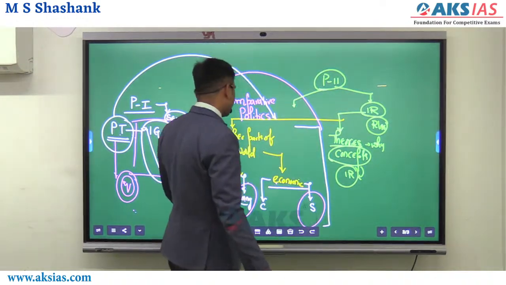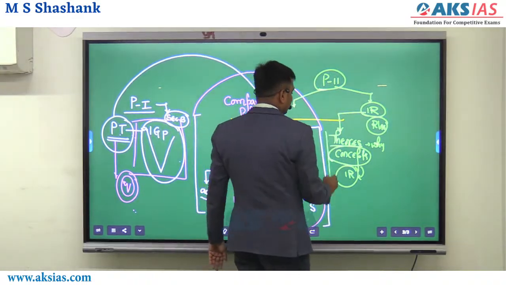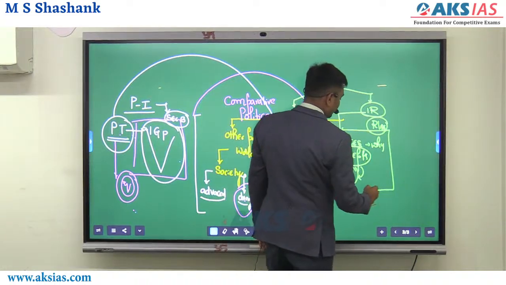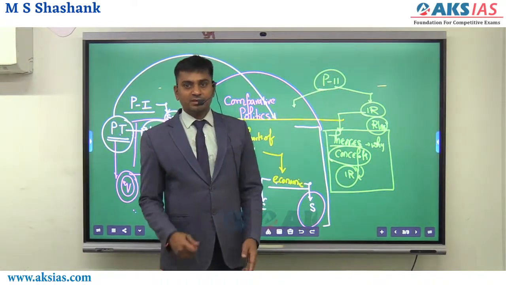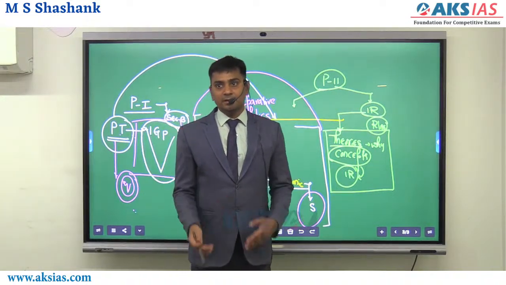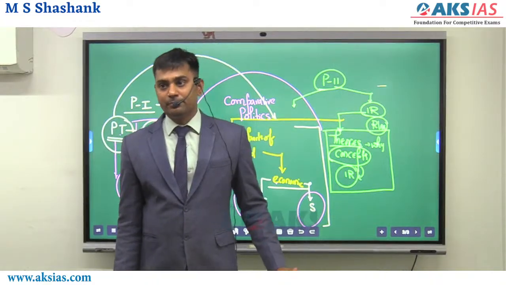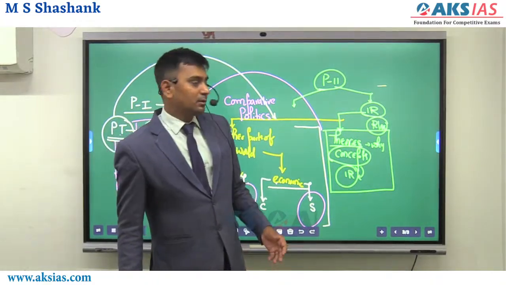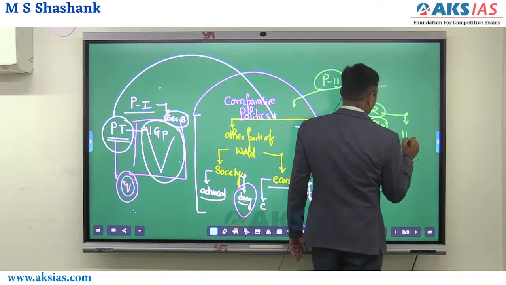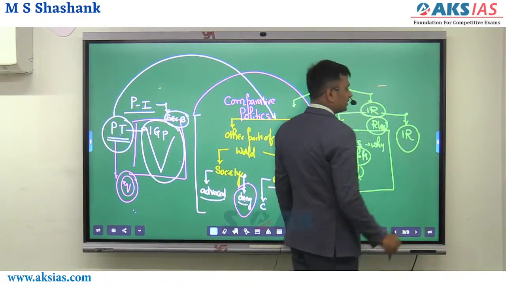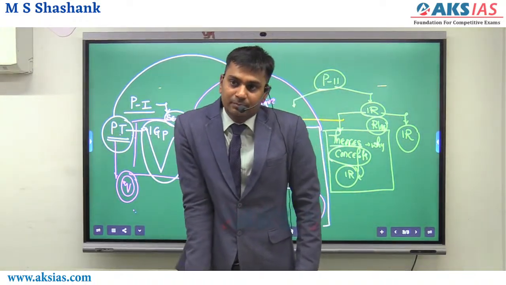So slowly from here they enter into IR and then they started theories and concepts. This is the first component of IR, that is chapter 5 and chapter 6. From chapter 7, 8, 9, 10, 11, all these are about how IR evolved and what the elements of IR are. How international relations has been evolving, that is what they have given.